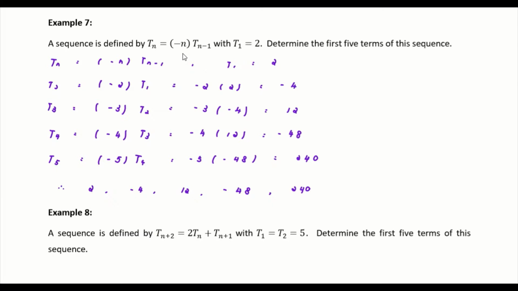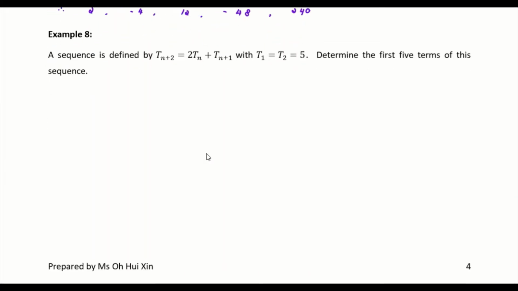So this is why. Okay, so the last example, this is not first order as well. This is second order. Example 8. So Tn plus 2, when you look at this sequence, you realize that it involves 2 terms before. You can see Tn plus 2, then Tn plus 1 is the term before this, then Tn is the term before this one.